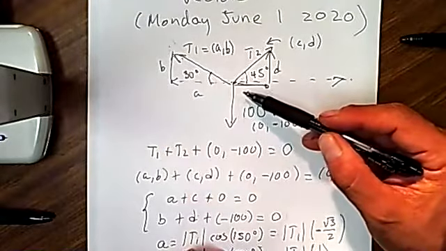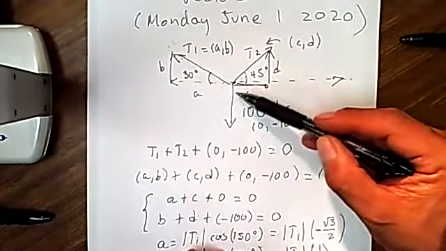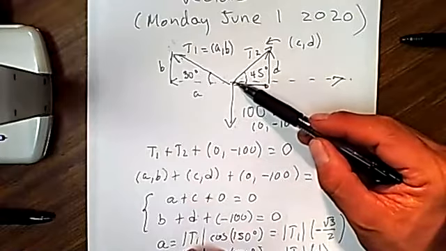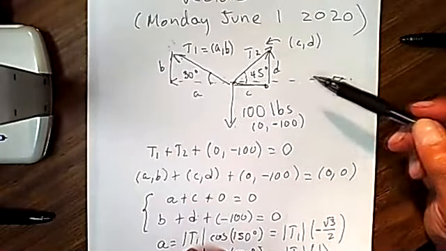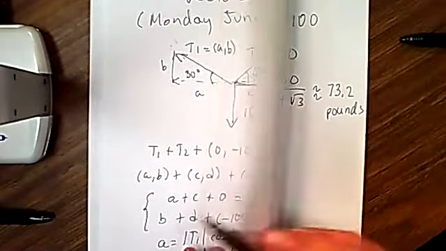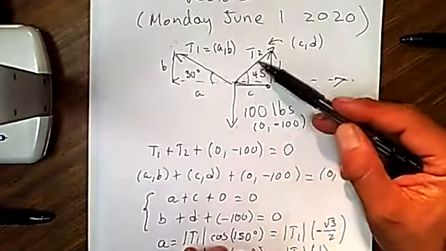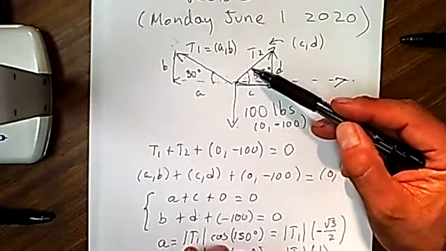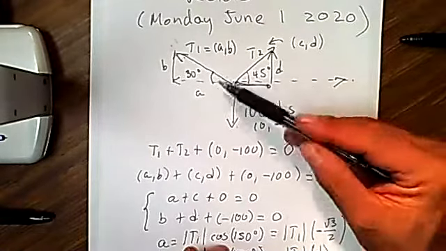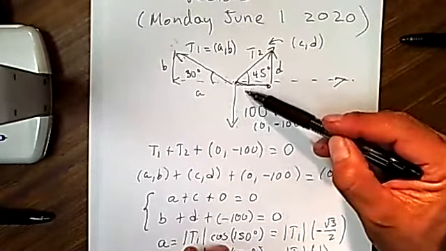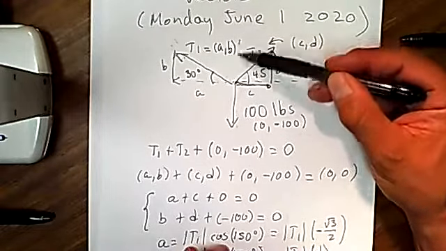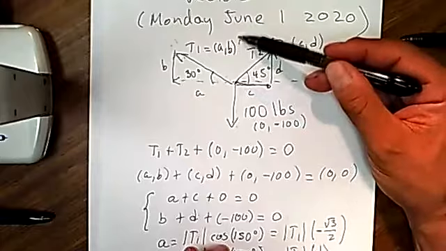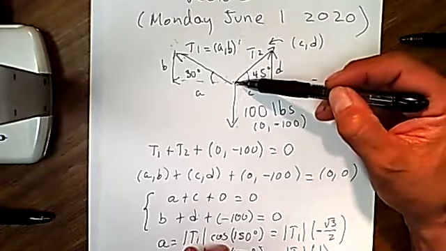Now, if we were naive, we would think, oh, if this is 73 and this is 100, that means this should be the complement, so 27 pounds or so. Well, that is not true because this setup is inefficient. If we were holding this with just one rope vertically, then yes, 100 pounds up and 100 pounds down from this point.